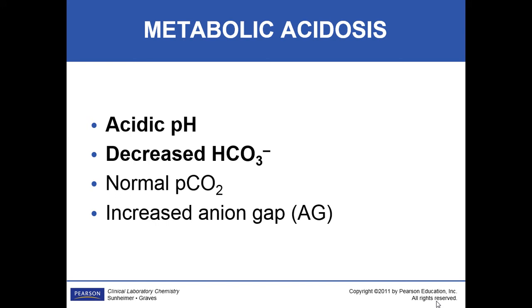So I'm looking at metabolic acidosis. I know my pH has gone down below 7.35, and it's metabolic, so my bicarb follows the pH, so it's gone down also. So it's below 18 in this case. And at first I'll have a normal PCO2, but eventually, which way is that PCO2 going to go?